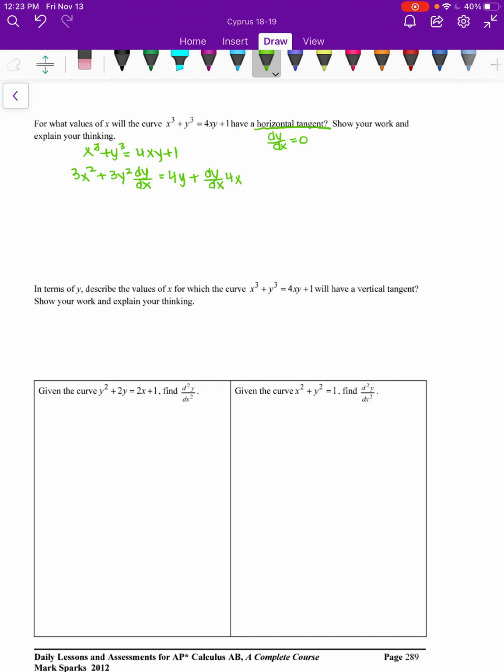And then the derivative of 1 is just 0. So clean it up, get your dy/dx all on the same side. So I have 3y squared dy/dx, and then I'm going to subtract 4x dy/dx to that side, equals 4y minus 3x squared. Factor out dy/dx.